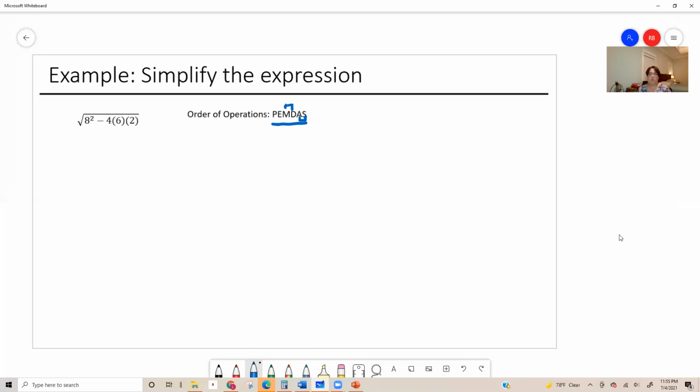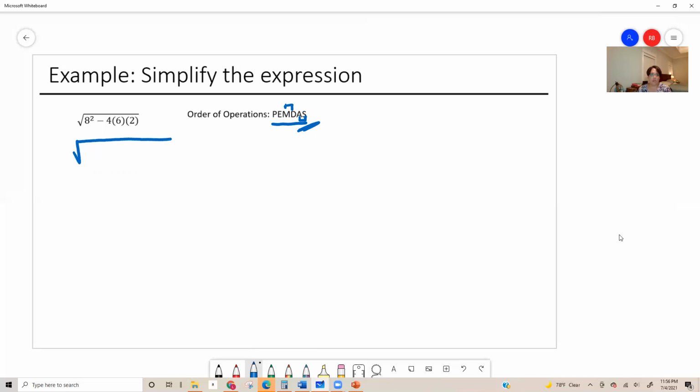Parentheses, exponent. Remember, multiplication and division go together, and addition and subtraction go together. So I'm going to do everything under the square root sign in this order from PEMDAS. And for parentheses, you can consider this root sign to be a big parentheses. So we need to do everything that's underneath it first.